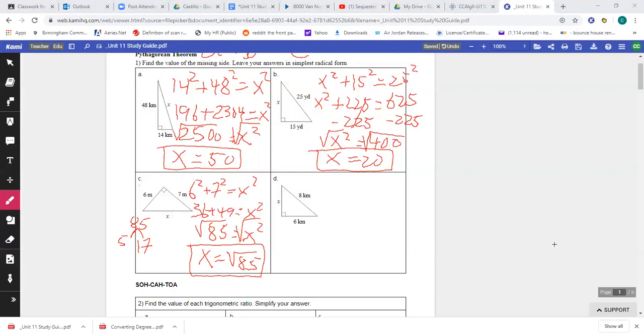Okay, so now let's go and do D. So once again, they give me the hypotenuse this time. So we're going to do x squared plus 6 squared is equal to 8 squared. And I get x squared plus 36 is equal to 64. And then I just solve for x like normal, subtract 36 from both sides.